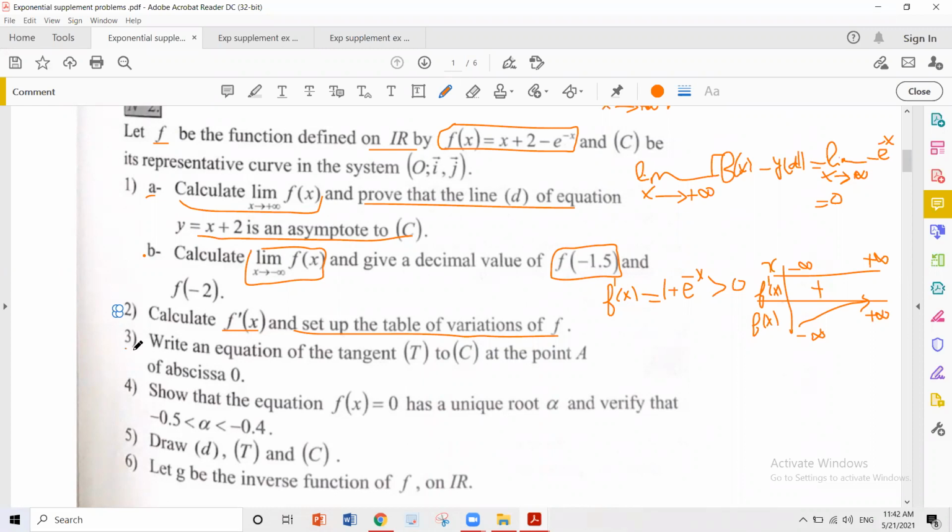Part 3. Write an equation of the tangent t to C at the point A of abscissa 0. What is the equation of the tangent?